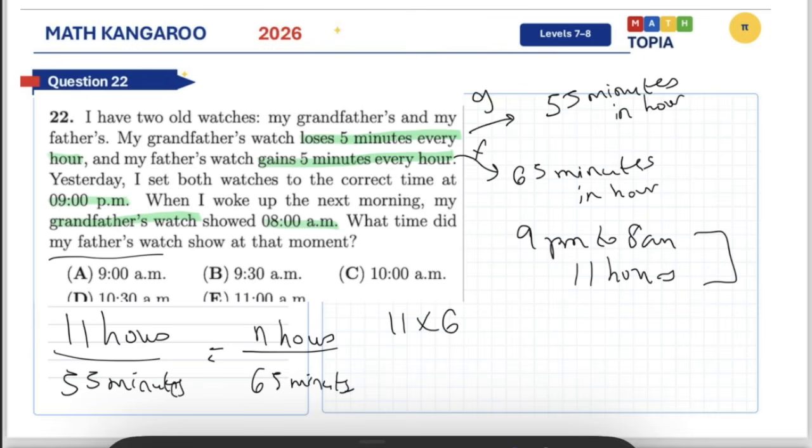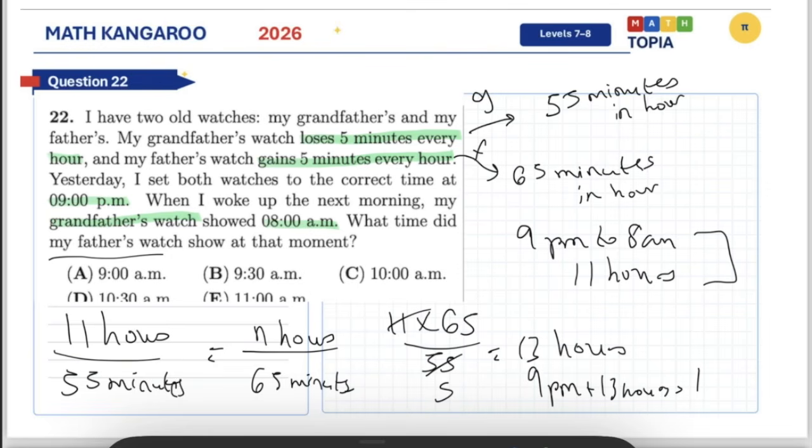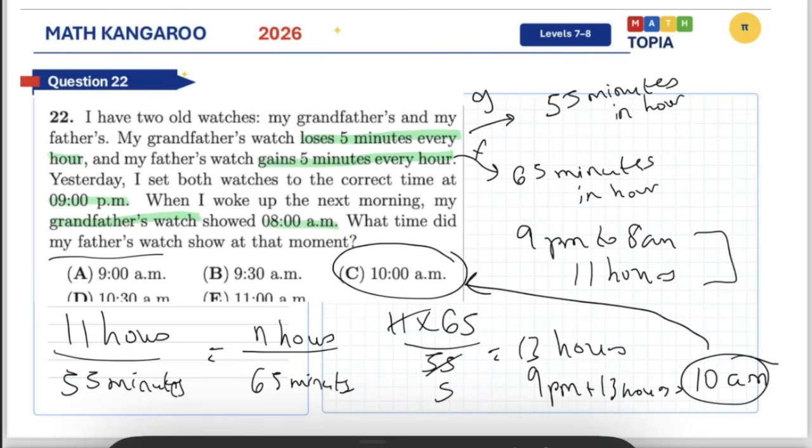Let's solve this. 11 times 65 over 55, which gives 13 hours. What is 13 hours after 9 p.m.? It is 10 a.m. So this was the time that was on the father's watch at that moment.